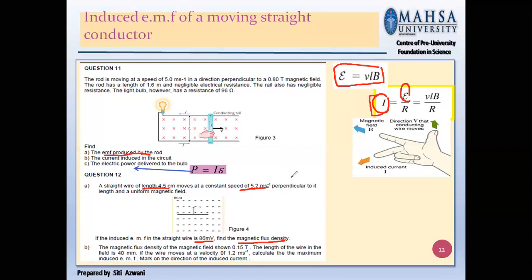So by applying the formula E equal to VLB, then calculate the magnetic field B. Question B: now magnetic flux 0.15, the length of the wire is 40 mm. Then you have a velocity, if the wire moves at a velocity of 1.2 millimeter per second.